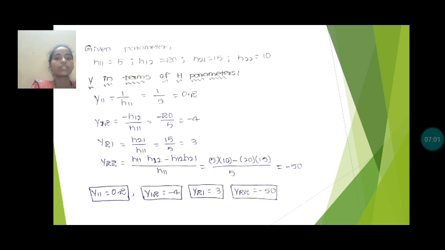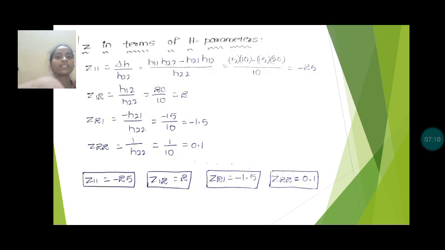Here the values are (5 into 10 minus 20 into 15) by 5 equals minus 50. Answers are Y11 equals 0.2, Y12 equals minus 4, Y21 equals 3, Y22 equals minus 50. Next conversions are Z in terms of H parameters. Z11 equals delta H by H22 equals (H11 H22 minus H21 H12) by H22 equals (5 into 10 minus 15 into 20) by 10 equals minus 25.